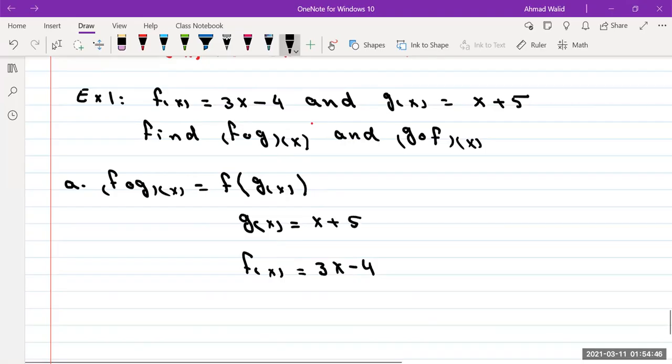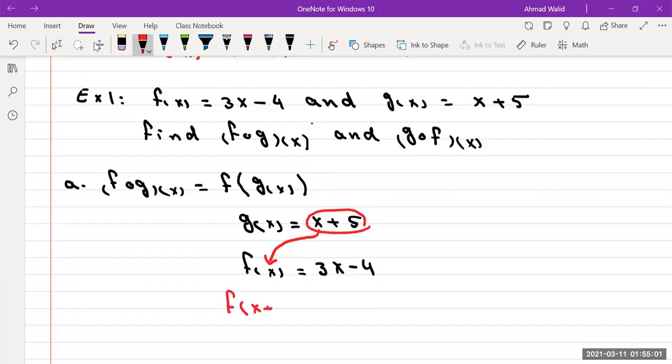f of g means, focus here, plug g into f. It means here you are looking for f of x plus 5. And you know how to deal with f of x plus 5. Wherever you have x on the left side, you replace it with x plus 5, like this.